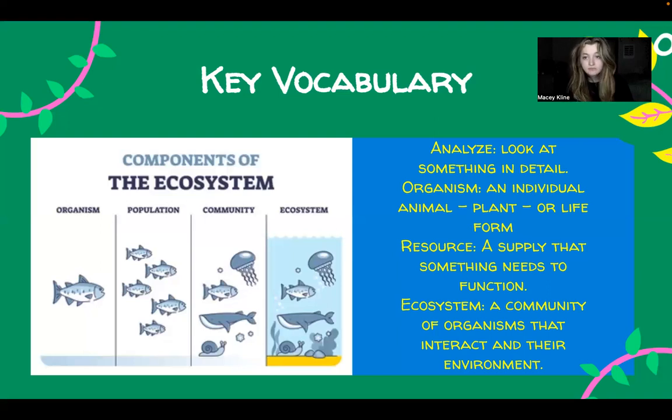Yes, and this will just make sure they know exactly what they're looking at. Like an organism, they know they will be looking at one animal, one plant, something like that. And a resource, so they know that they're not looking for random things, they're looking for what they actually use to live. Like a bird obviously has wings to fly, but that's not what we're really talking about here, if that makes sense.